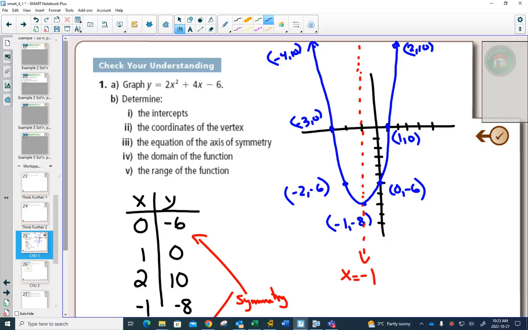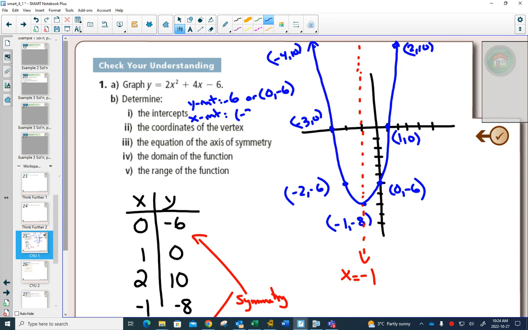And now we can talk about characteristics. Parabolas have x-intercepts and y-intercepts. Can you see that the y-intercept is at -6? And you can either write it as -6 or you can write it as the coordinate. And the x-intercepts, there's 2 of them.